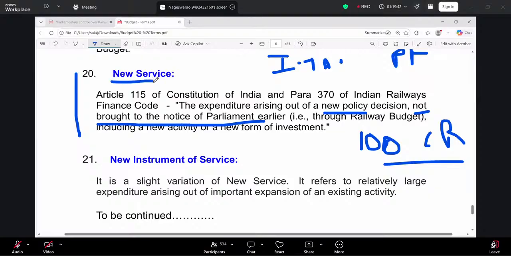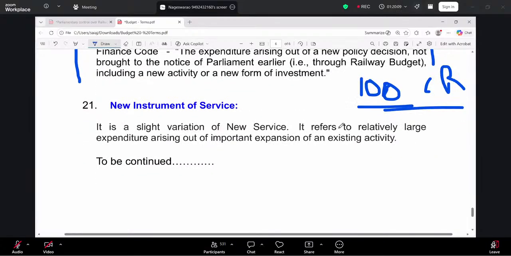Simply remember, a new policy not brought to the notice of Parliament earlier is called new service. But if it is 5 crores, 10 crores, 70 crores, 80 crores, it does not come under new service. We can adjust under reappropriation and avail the present funds. But if it is more than 100 crores, we have to spend from the Contingency Fund of India.